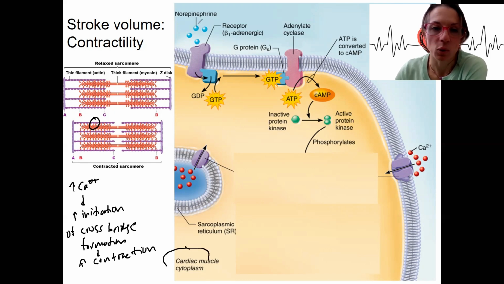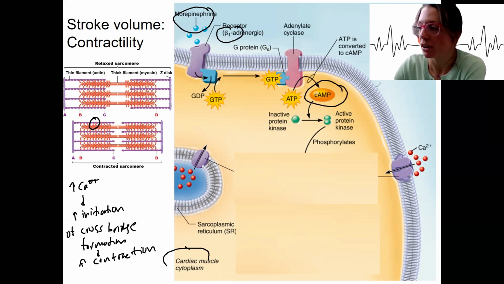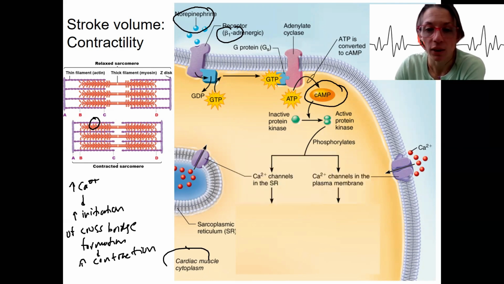And what's happening, we've got norepinephrine binding due to sympathetic innervation. This is the sympathetic nervous system, could also be from the bloodstream. Norepinephrine is going to bind to a beta receptor and activate a G protein. G protein activates adenylyl cyclase, activates cAMP, activates other proteins that are ultimately going to cause the opening of calcium channels.